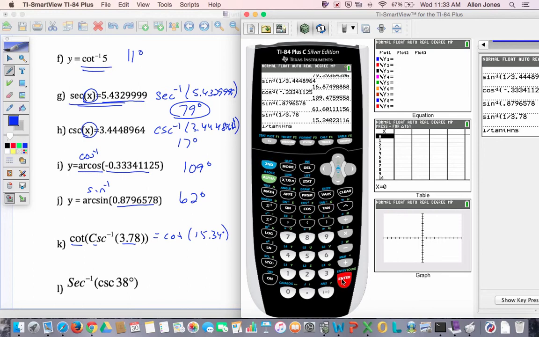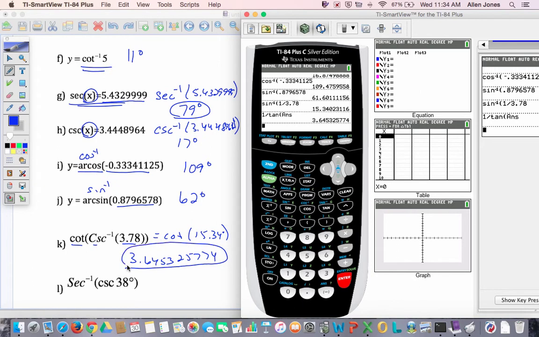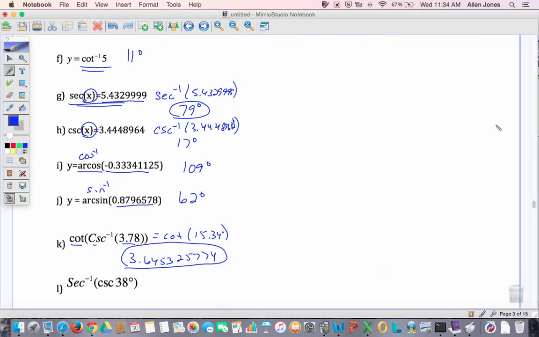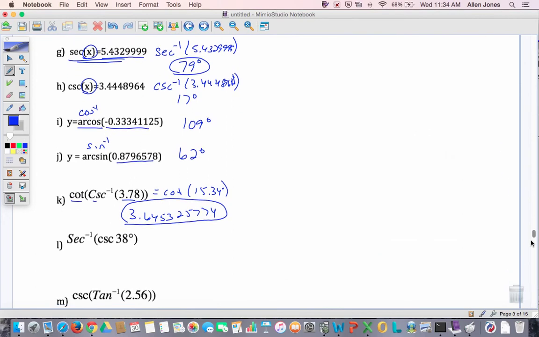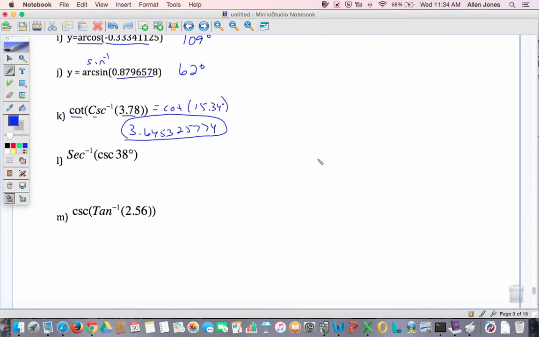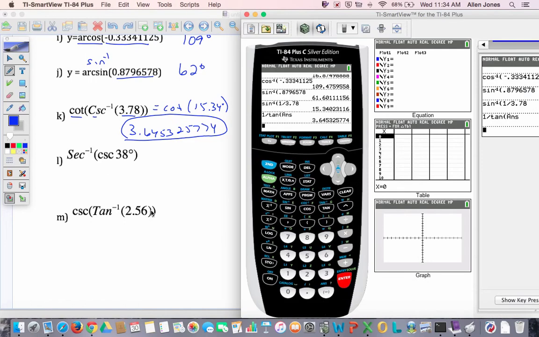That is an angle measure. So angle measures we type in as 1 divided by the tangent of that value. And that gets us a decimal of 3.6453257774. So there is our value for that first compound function.